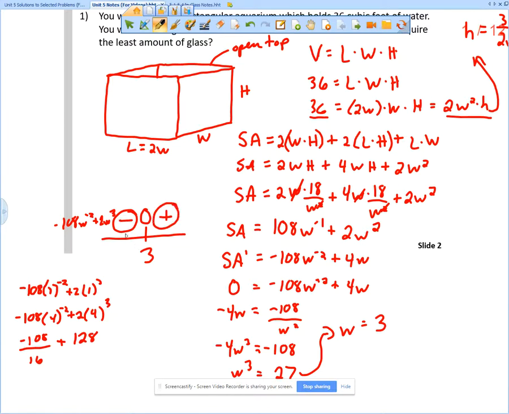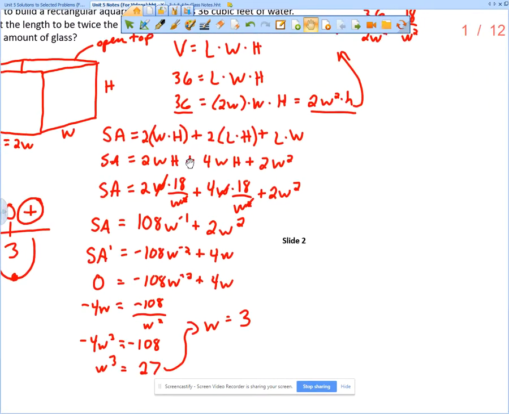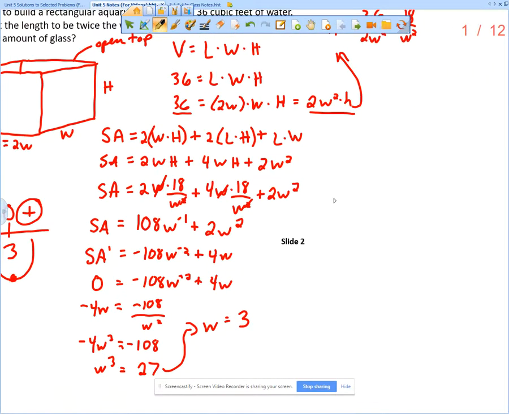So our surface area derivative changes from negative to positive, indicating that there would, in fact, be a minimum at W equals 3. To answer the question, what dimensions require the least amount of glass? If W equals 3, then what is L? Remember, L is 2W, so 2 times 3, L would be 6.